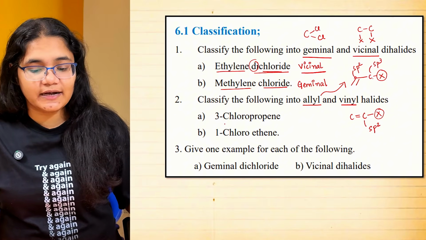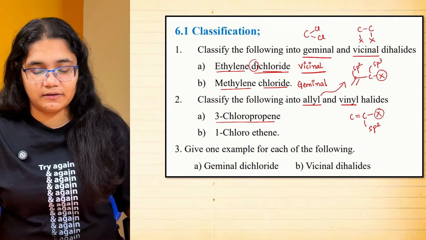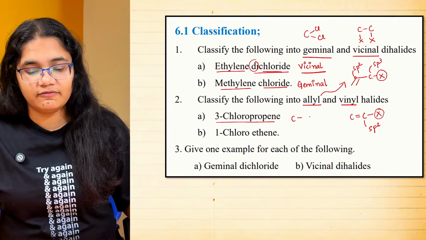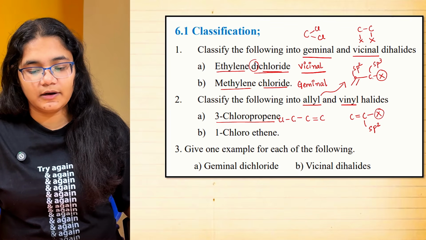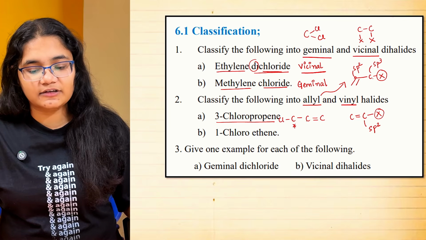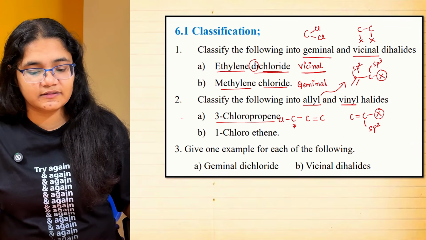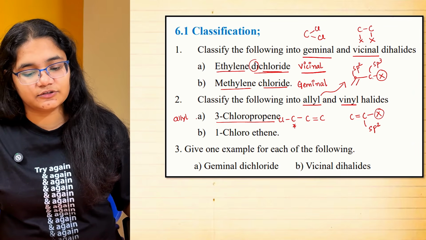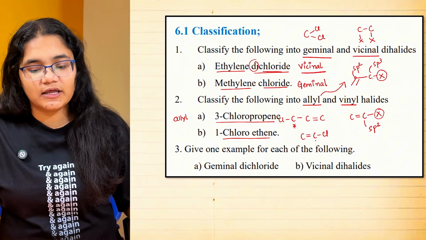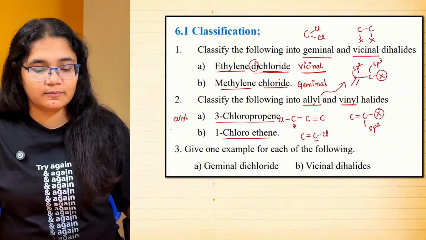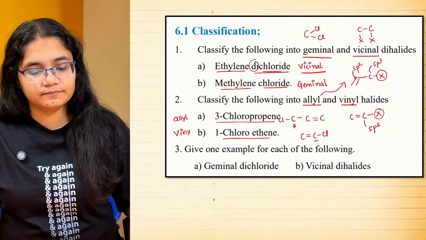Now let's see, we have 3-chloropropene. Let's draw the structure. Here this carbon is sp3 hybridized and attached to the sp2 carbon, so obviously this one is the allyl structure. Now 1-chloroethene: here chlorine is directly attached to the sp2 carbon, so this is vinyl.